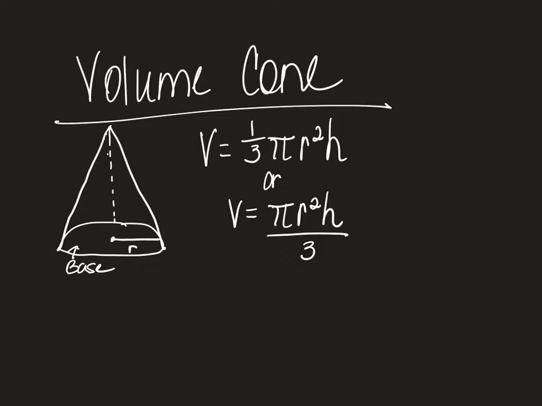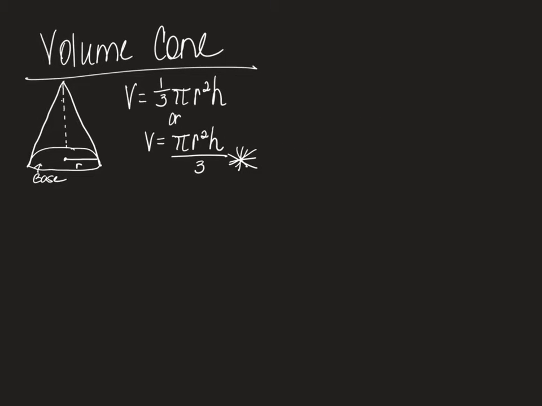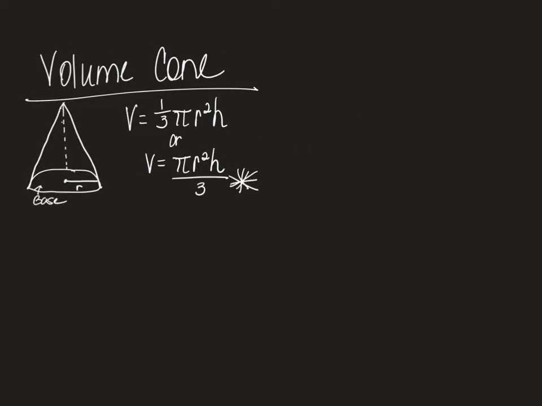So, in other words, it's best to multiply your pi times your radius squared times your height and then divide the whole answer by 3. Okay? So, this is the preferred method. It's easier. It's not on your sheet, so you need to add it on there, okay? Use this formula, and I'm going to work out one or two for you or with you, and then I'm going to set you loose and let you do some of these on your own, okay?